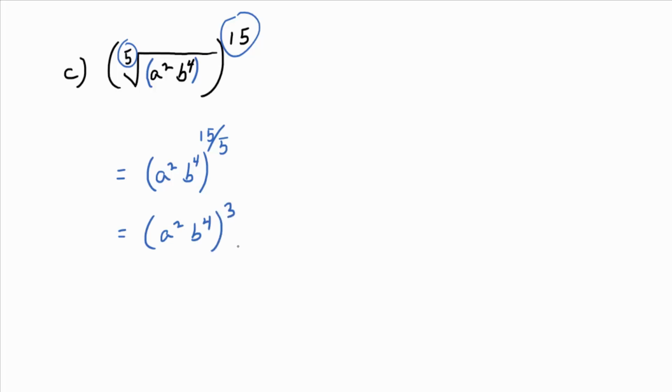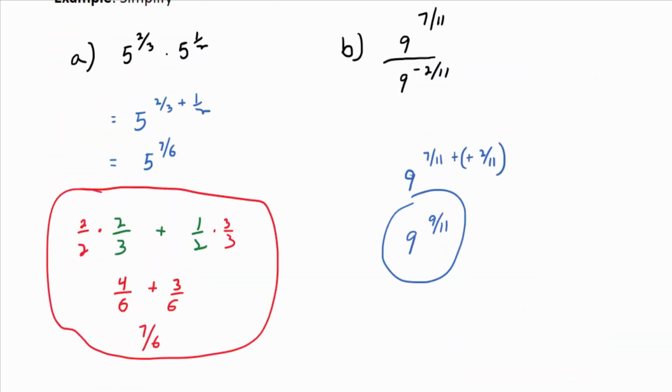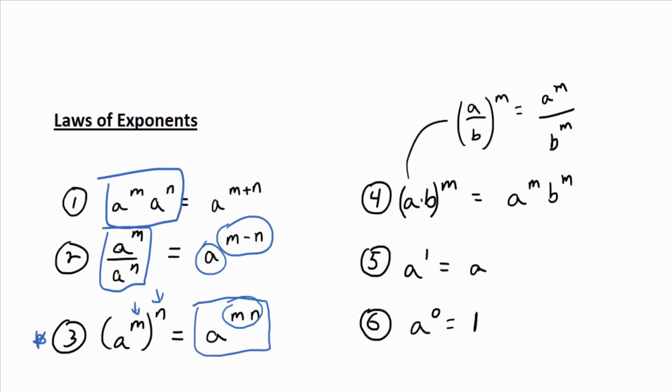I think it makes sense to get rid of the parentheses in this one. So when you have a product inside parentheses brought to a power, what do you do with that power? Don't answer that yet. Look at the rules. Which one of the 6 rules has a product brought to a power? No, that's not a product. 4th one, right? A times B to the m power.